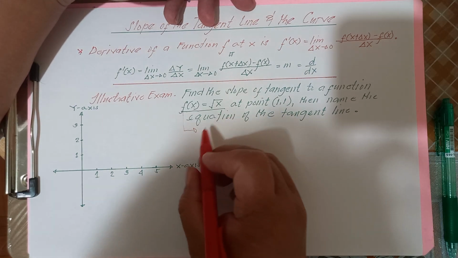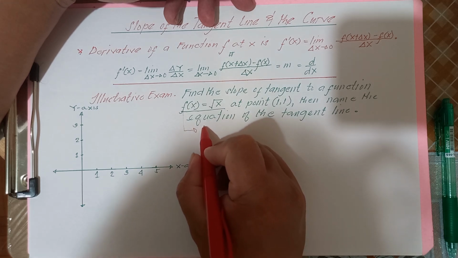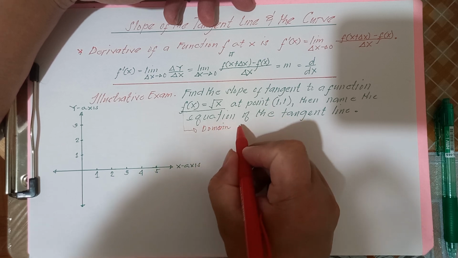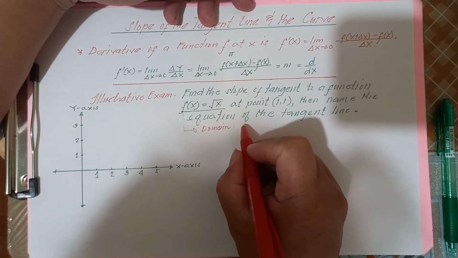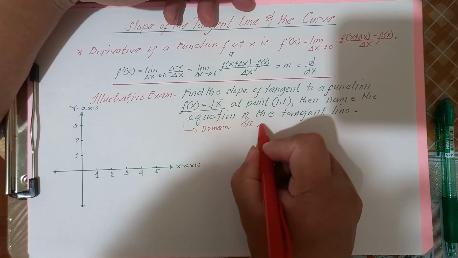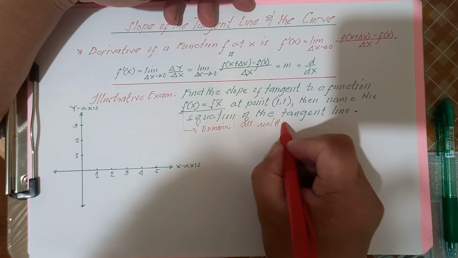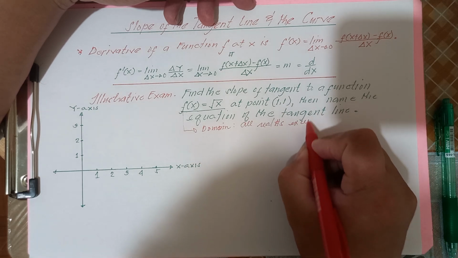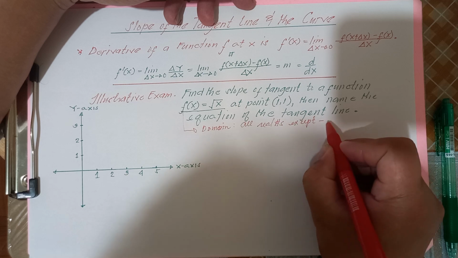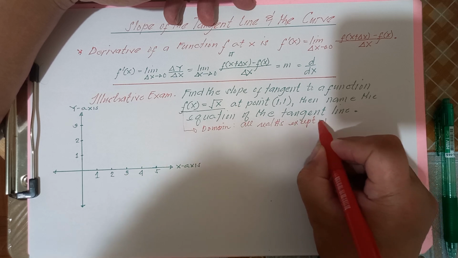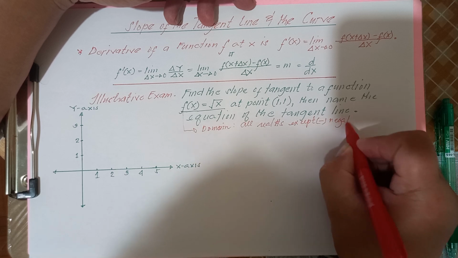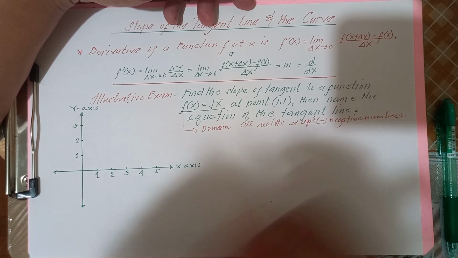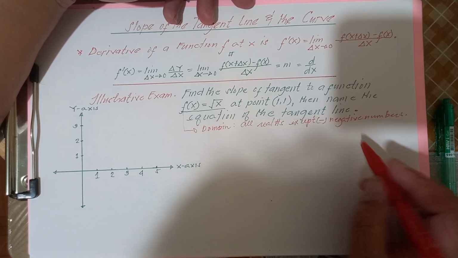The domain of this square root function is all real numbers except negative numbers. So that is the domain of this function.